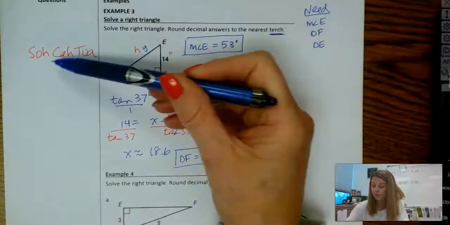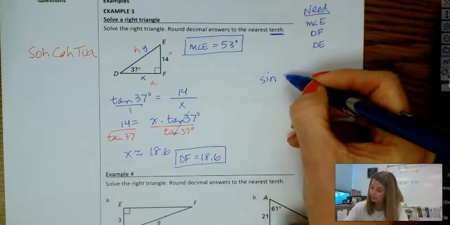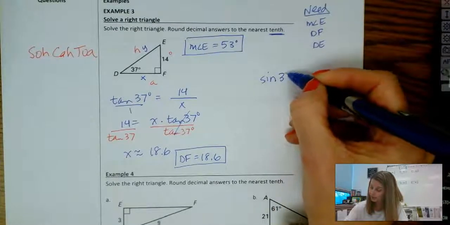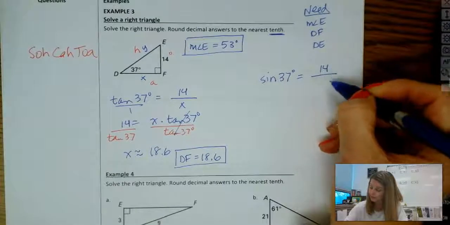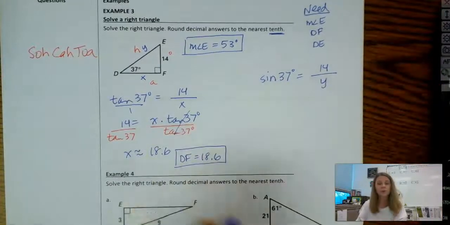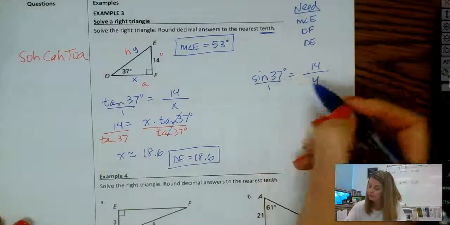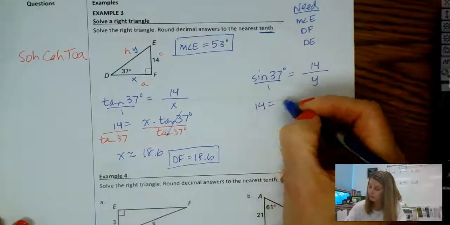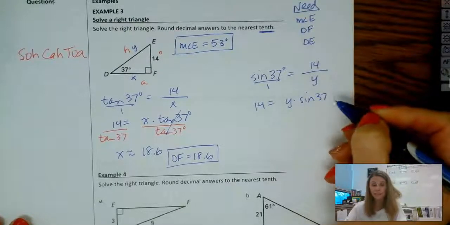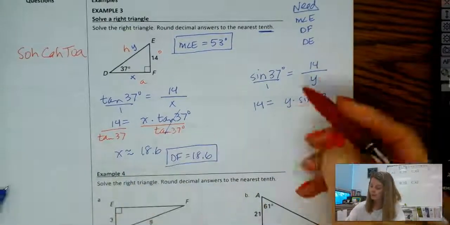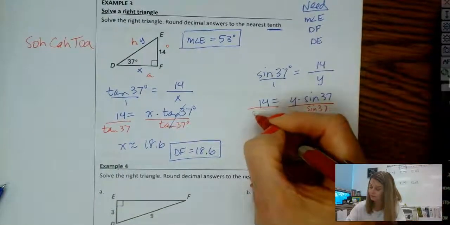Opposite and hypotenuse goes with sine. So I'm going to set up a sine function. So the sine of 37 degrees equals opposite 14 over hypotenuse. You could call it h if you want. I picked y. So again, cross multiply. So 14 equals y times the sine of 37. And then now I can divide off the sine of 37.